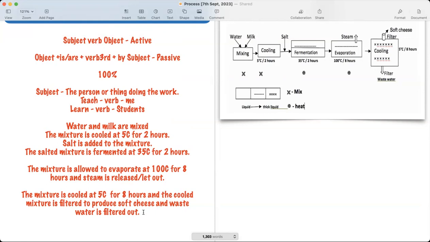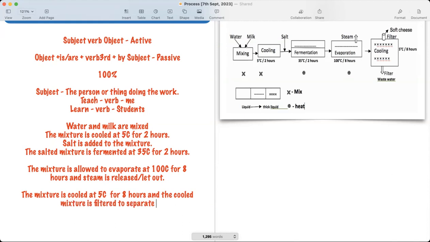Okay, let's make it better here. What does a filter do? Can you think of another verb here? What does a filter do? Separate. Separate clean water from wastewater? Yes, very good. Separate, not clean water. Separate what from wastewater?